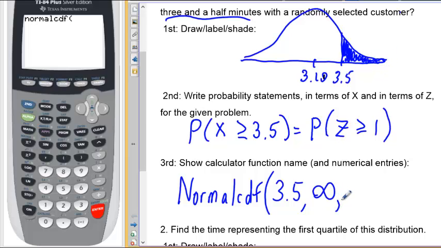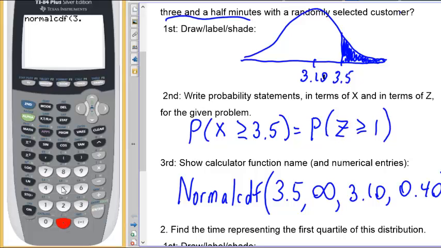So from left to right, the interval of interest. Then the third piece of information the calculator needs is our mean, which is 3.10. And the last piece of information the calculator needs is our standard deviation. So always those 4 pieces of information in that order, from leftmost to rightmost points of interest, mean and standard deviation. So back to the calculator to enter these.